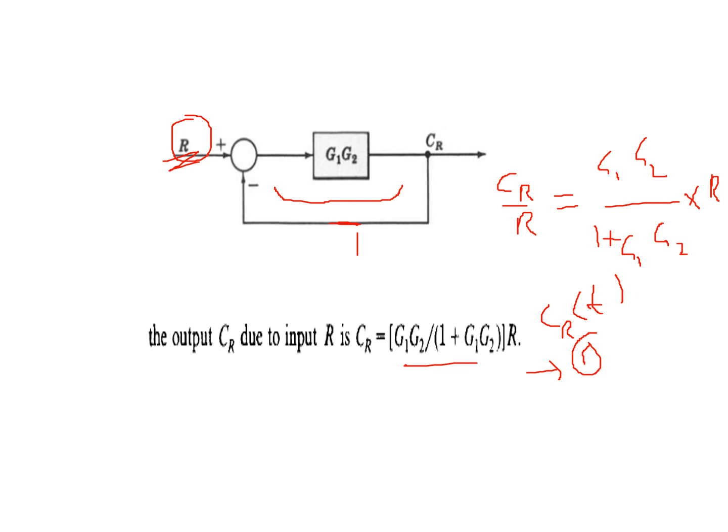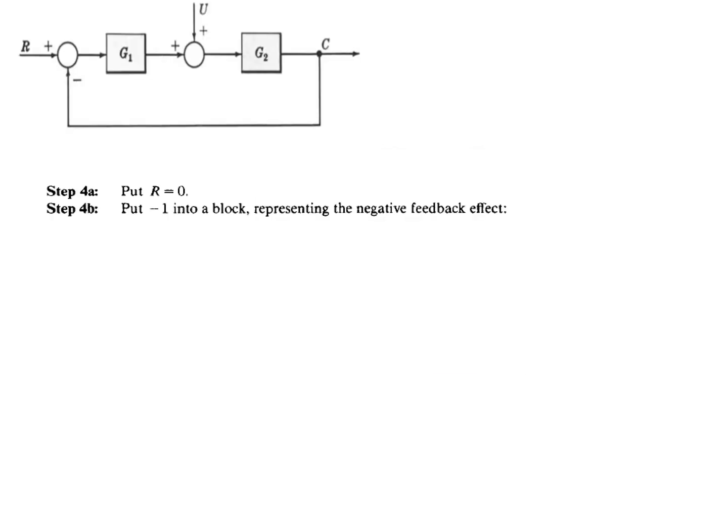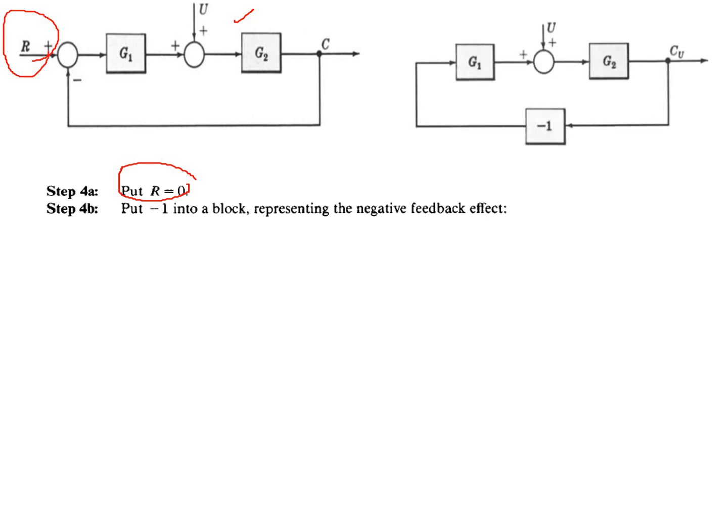Similarly, in the second case, we are going to make R equal to 0. This is the given block diagram. In this we are going to make this input 0. Then the resultant block diagram is, okay, this is the resultant block diagram. Here this is 0. We are going to rearrange this block diagram.